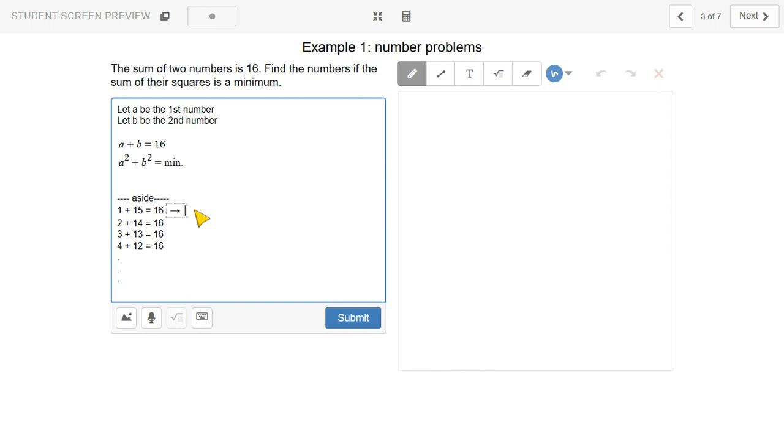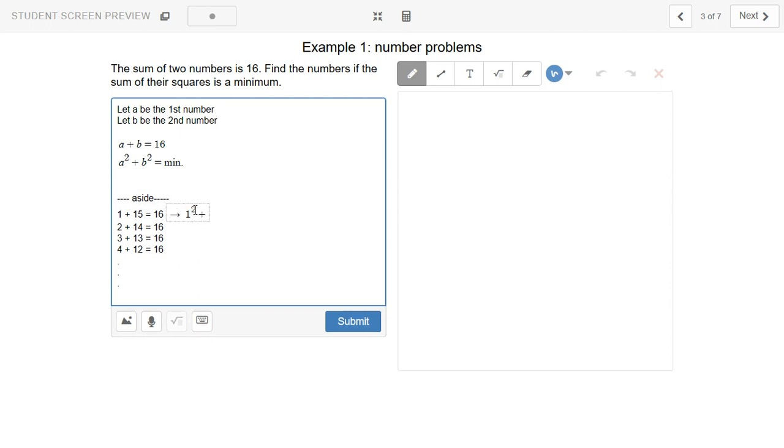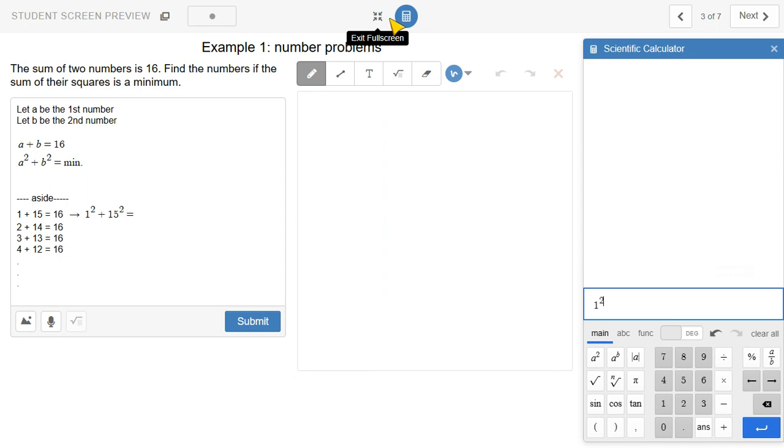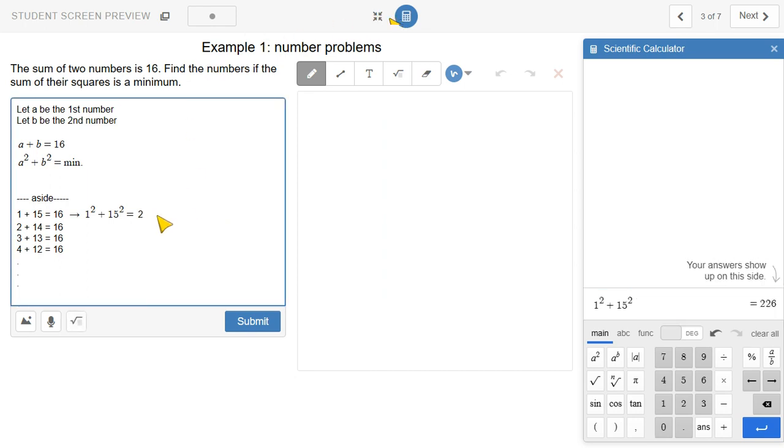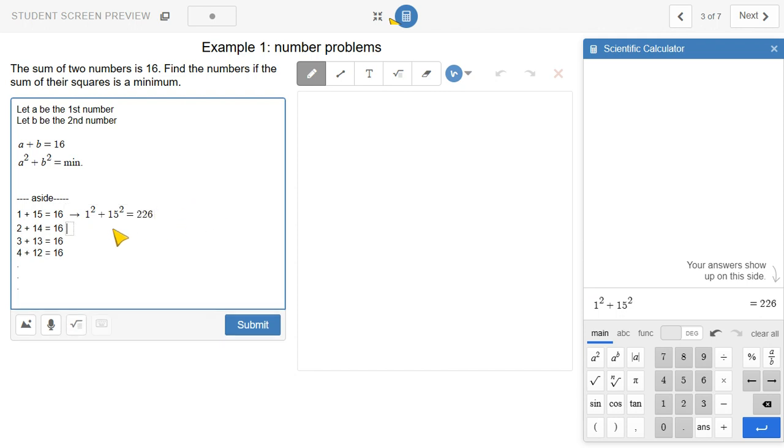Now, if I had these two values and I were to take the square of them, it needs to create a minimum value. So I have 1 squared plus 15 squared. Let's throw that into our calculator. 1 squared plus 15 squared, 226. Okay, for our next one, we have 2 and 14.